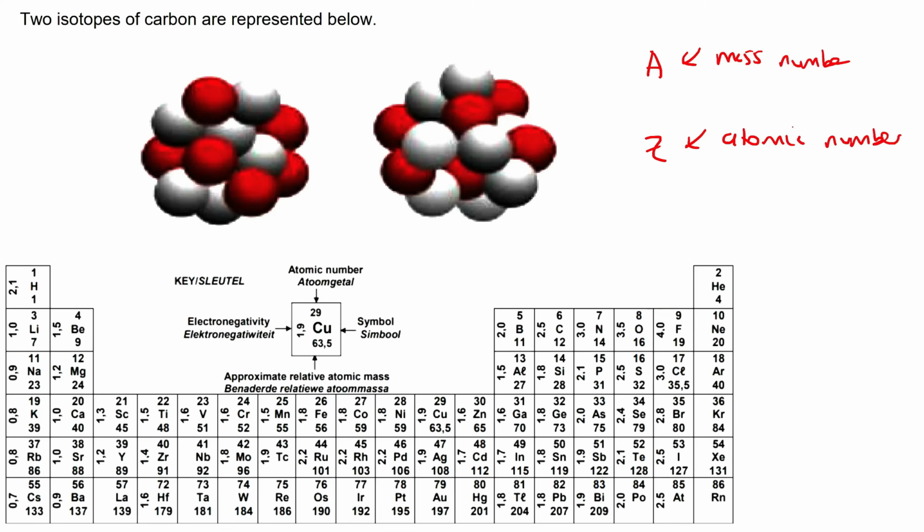And so, for example, if we look at fluorine, now what's weird is that you have to actually switch these numbers around. Remember, that is the atomic number, that is the mass. So fluorine would be 19 and then 9 over there. So the bigger number is always the mass number, and the bottom number is always the atomic number.